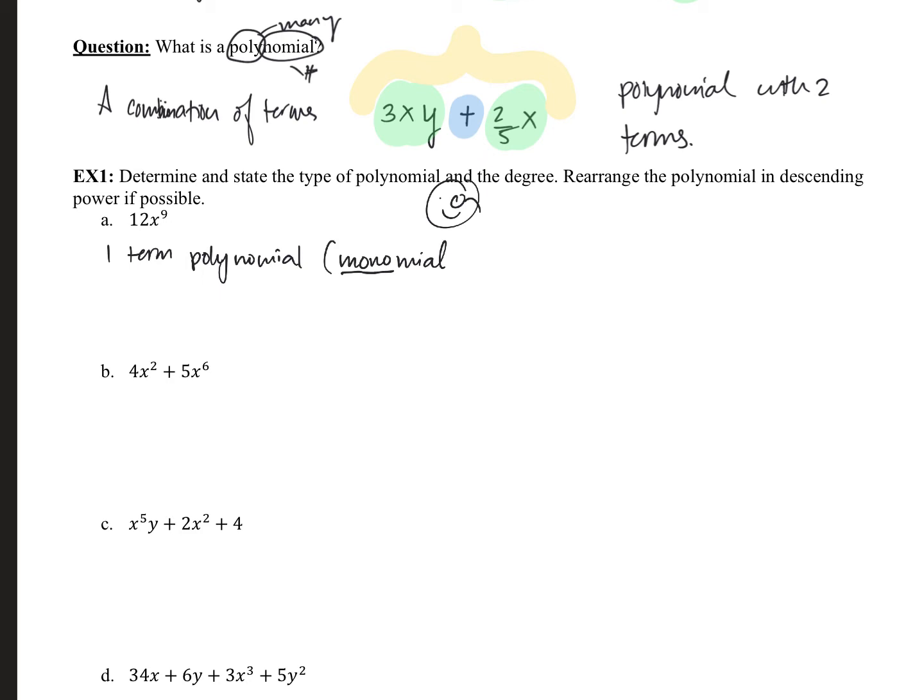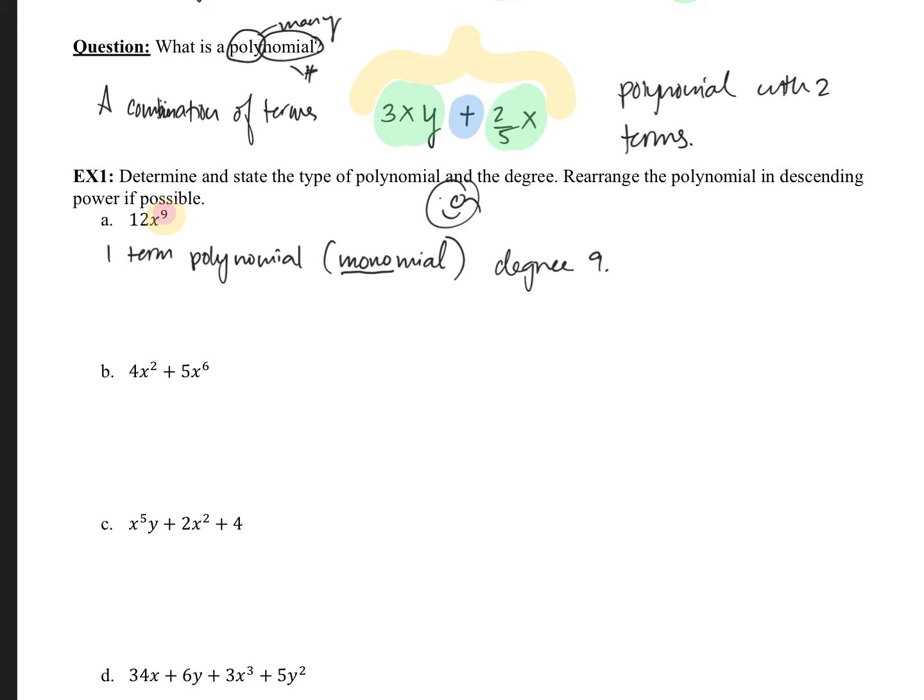So a one-term polynomial would be a monomial. Now the next thing to decide is the degree. How do we figure out the degree? We're going to look at the variables. In this case we only have one, and then look at the highest degree, which would be 9. So degree 9. One-term polynomial, degree 9. It does say to rearrange the polynomial in descending powers, but since we only have one term, we don't need to rearrange, so we're done.